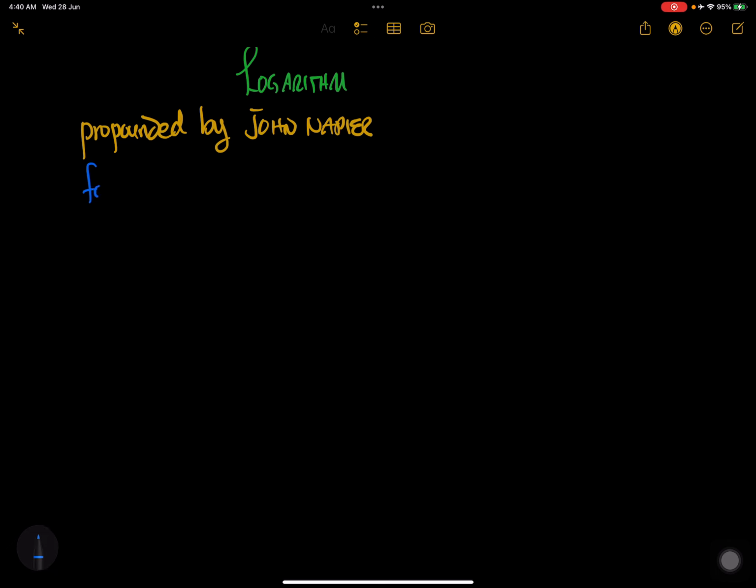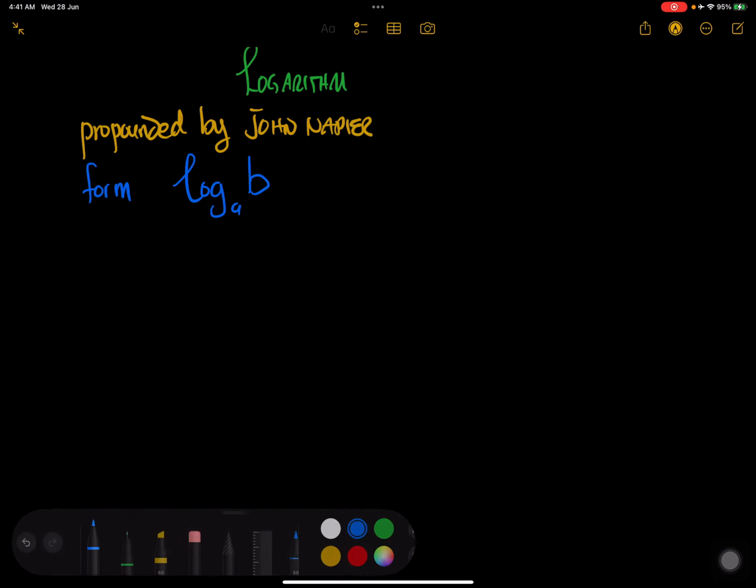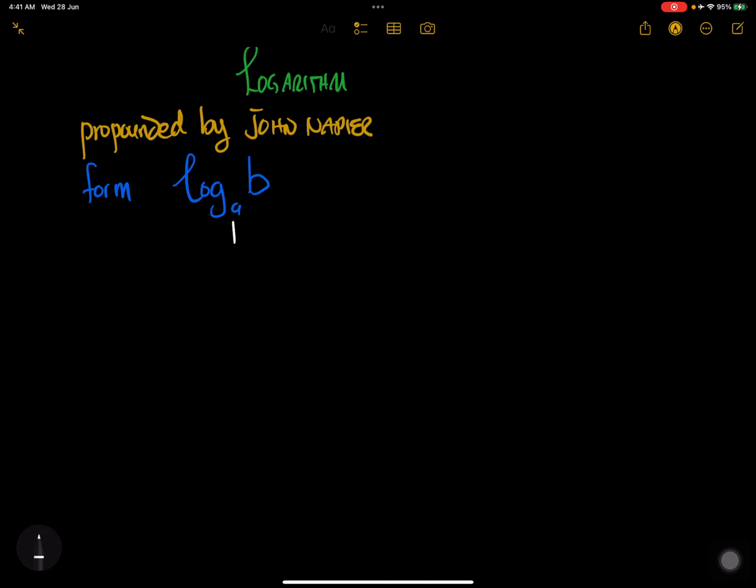It's of the form log b to the base a. So we have a log b to the base a, and this a here is normally called the base, and then this b is the result.